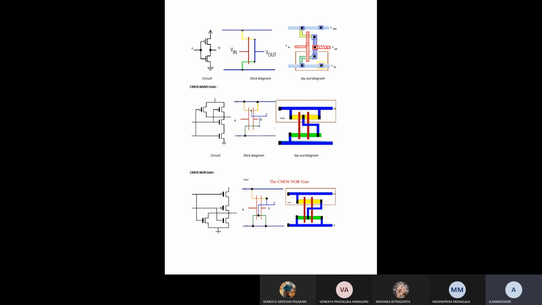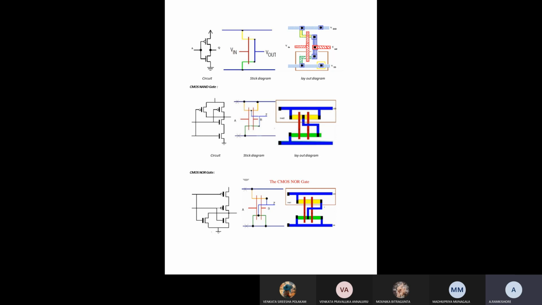Because both have a common input, we give a common polysilicon layer to both diffusions. In between the p-type transistor and the N-type transistor, we take the output with the help of the metal.